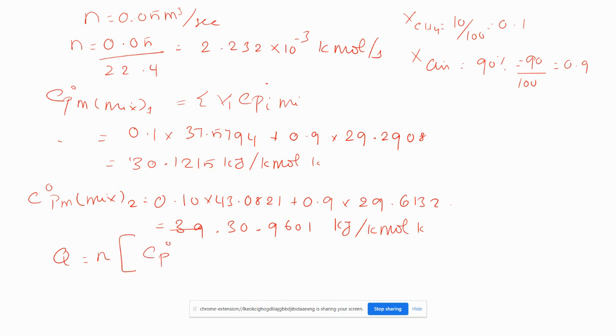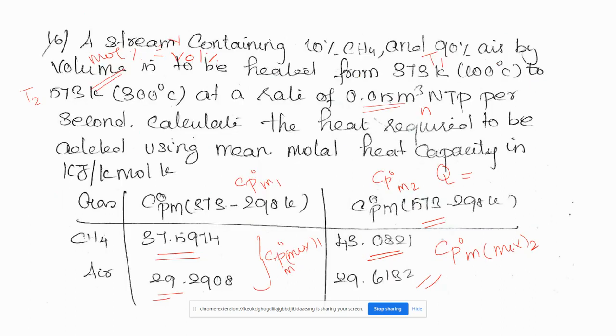Q is equal to N times Cp naught M of mix 2 into T2 minus T0, minus Cp naught M of mix 1 into T1 minus T0. Here we know the temperatures: this is T1, this is T2, and T0 is 298 Kelvin.